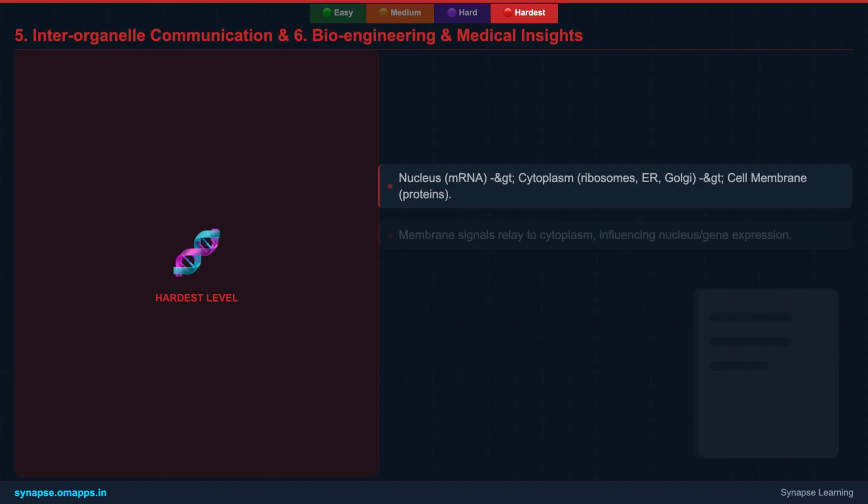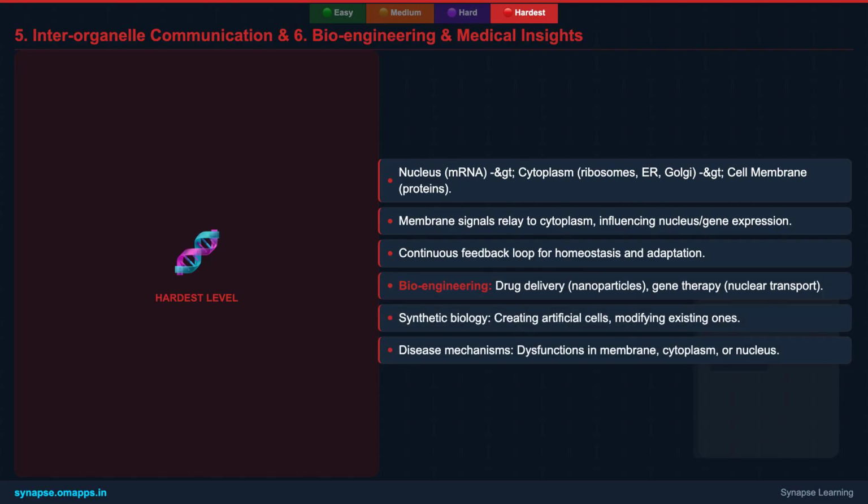The structural organization of the cell membrane, cytoplasm, and nucleus is profoundly interconnected, forming a cohesive functional unit. The nucleus directs protein synthesis, with mRNA molecules exiting through nuclear pores into the cytoplasm. Ribosomes in the cytoplasm, either free or attached to the endoplasmic reticulum, translate this mRNA into proteins.